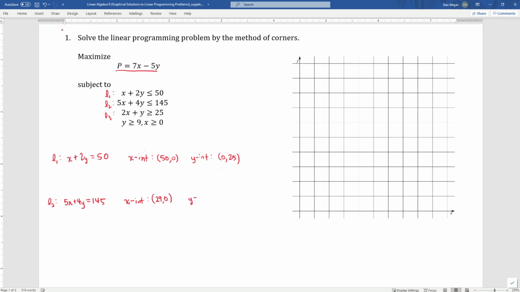The y-intercept is not pleasant. When I set x equal to 0, I get 4y is equal to 145. And 145 divided by 4 is a decimal number, but again, we're just trying to get close enough. Our picture doesn't have to be perfect. 36.25.